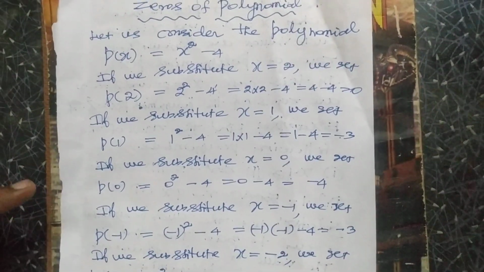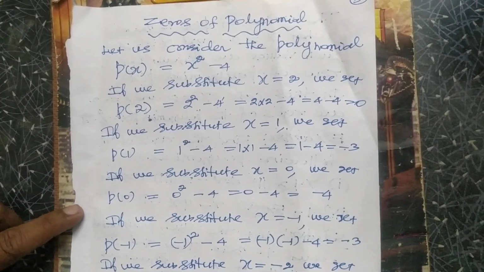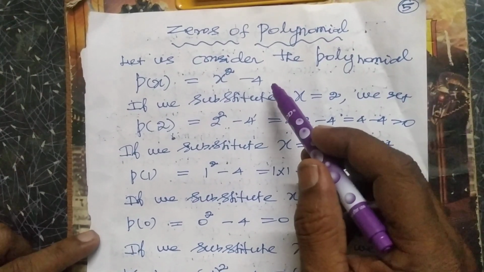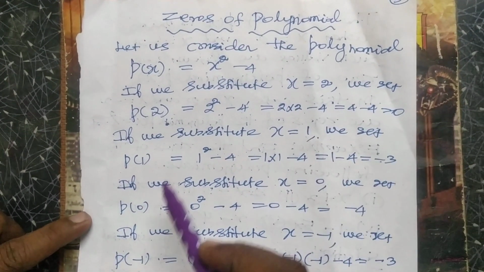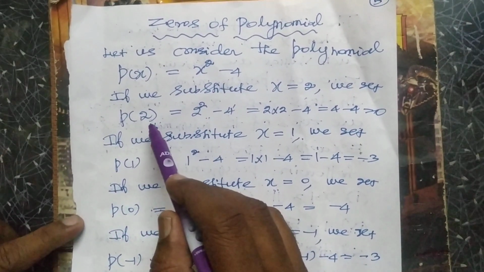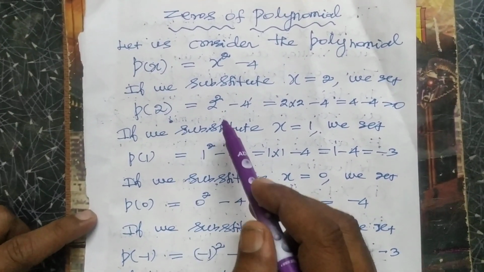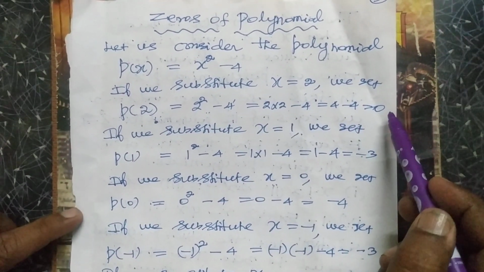The next unit is zeros of a polynomial. Let us consider the polynomial p(x) = x^2 - 4. If you substitute x = 2, then p(2) is the polynomial function at x = 2: 2 square is 4, 4 minus 4 equals 0.